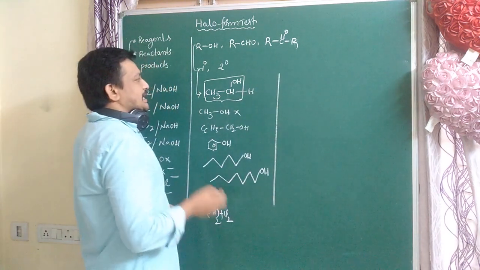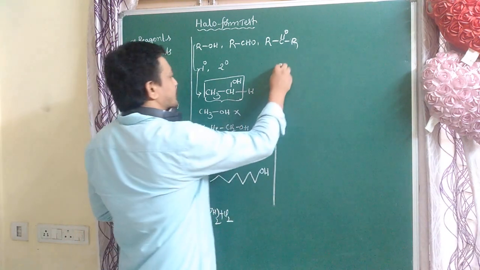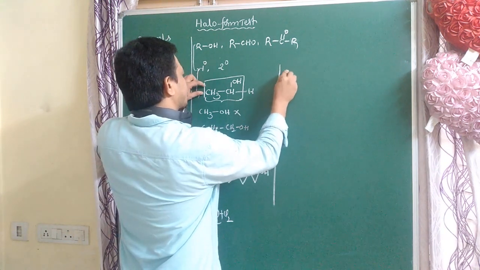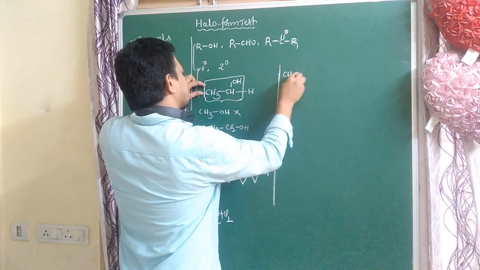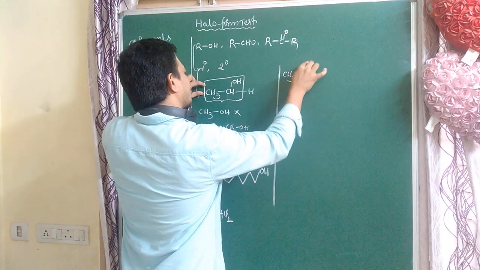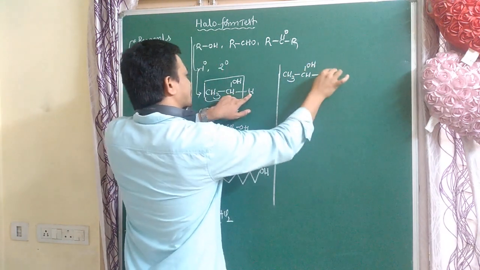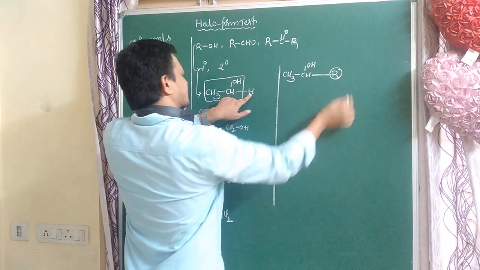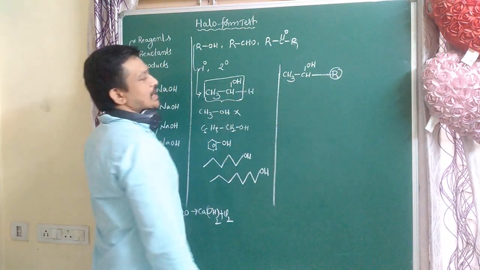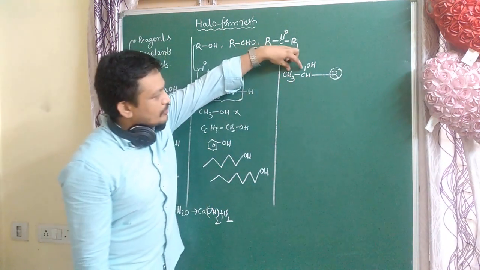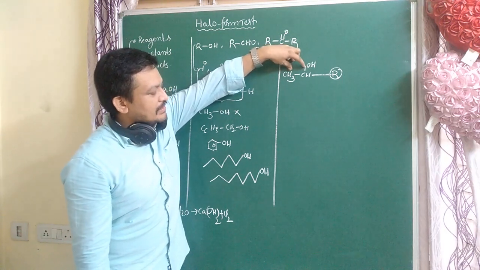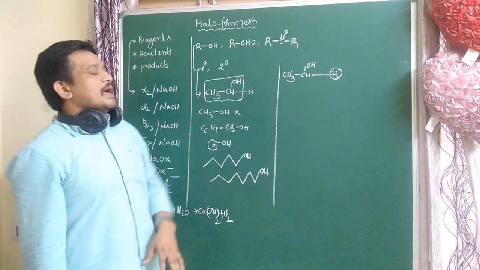So next, secondary alcohols. Which types of secondary alcohols are involved in these reactions? CH3CH(OH), and in place of hydrogen, any alkyl group, are involved in the haloform test. This type of group present in secondary alcohols is involved in the haloform test.